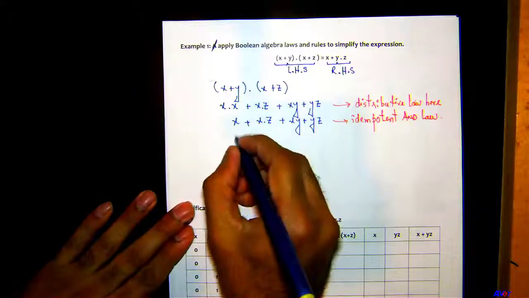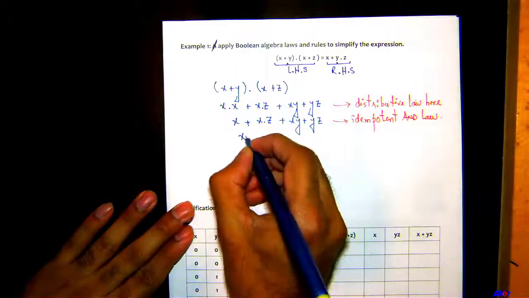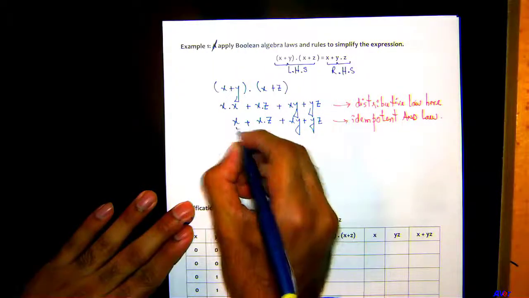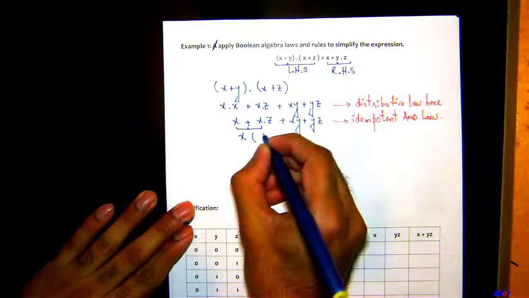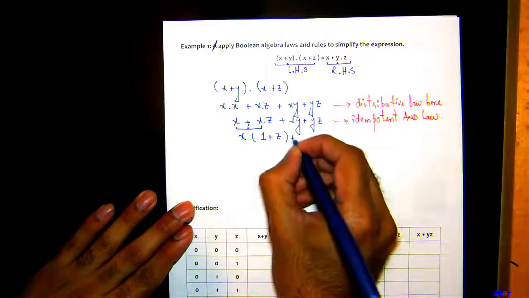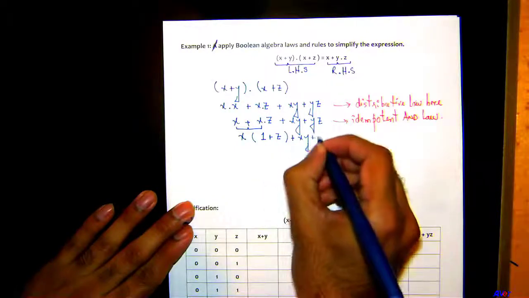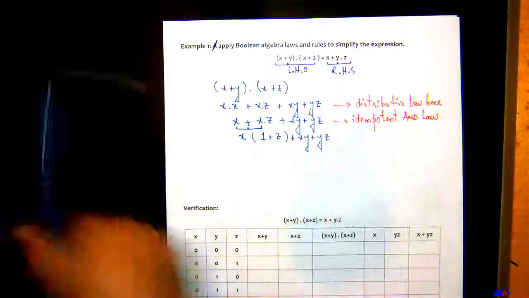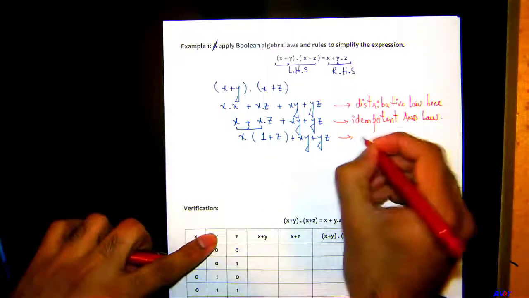I can take x common between these two terms, and then I would be left with 1 plus z, plus xy plus yz. Again I'm applying the distributive law here.